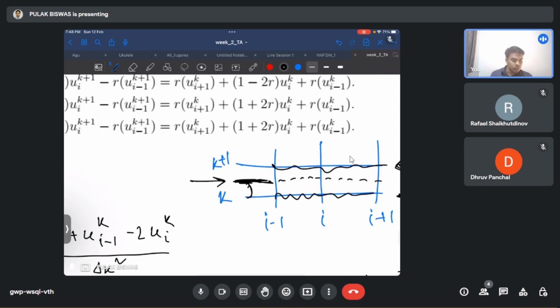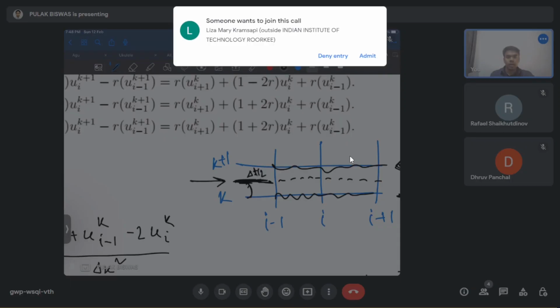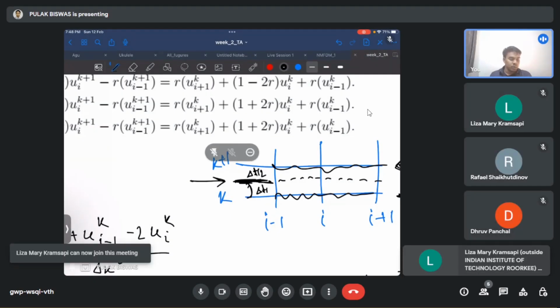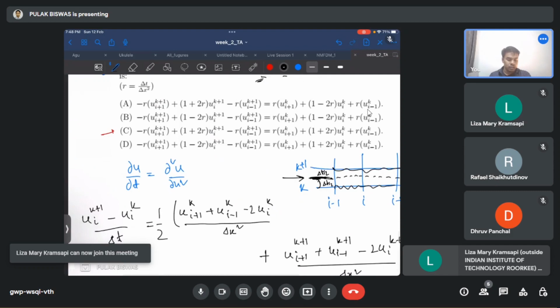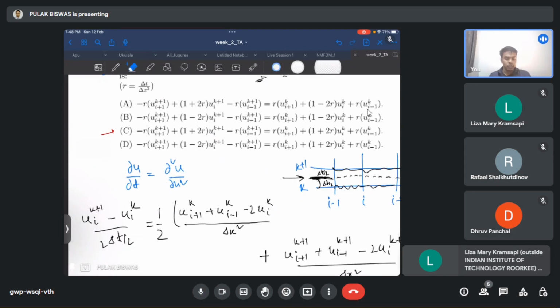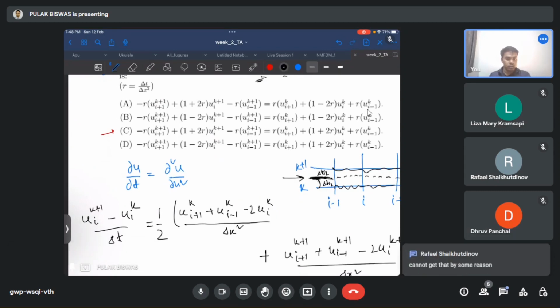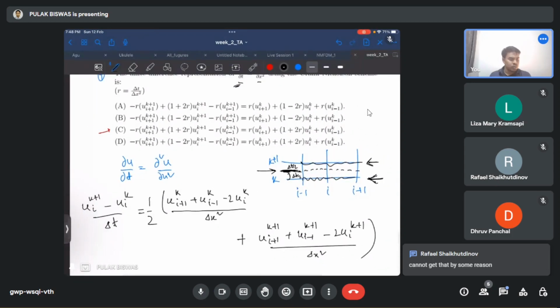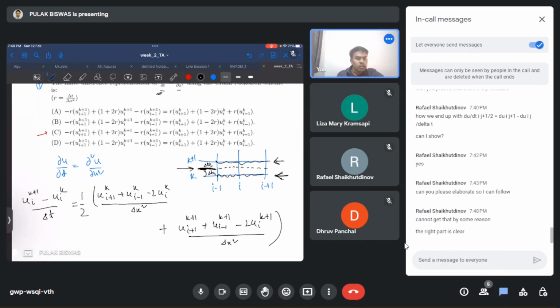Because this one is delta 2 by 2, delta 2 by 2, so your delta 2 by 2 into 2 is coming. Is the right part clear?